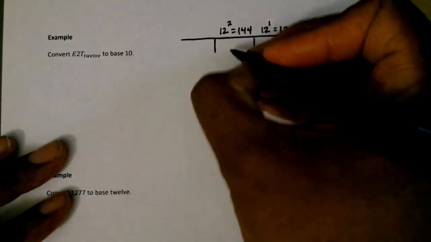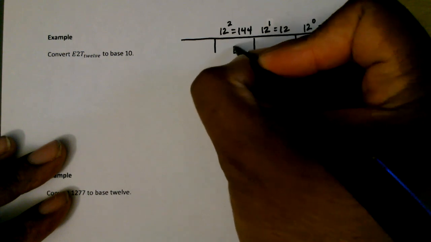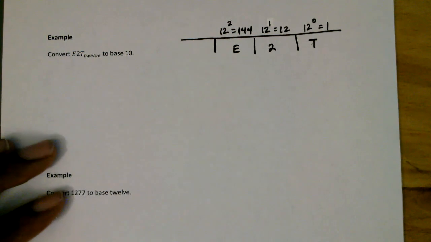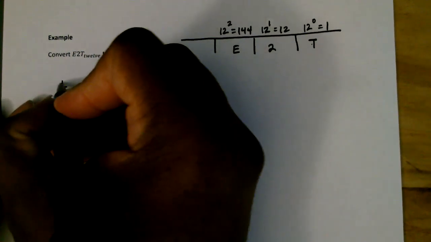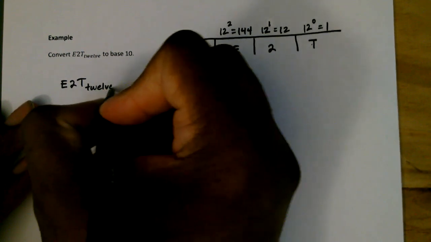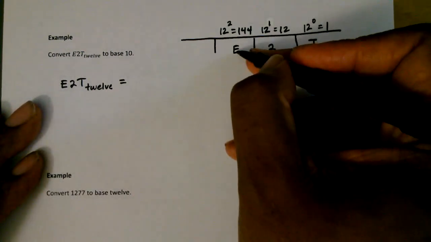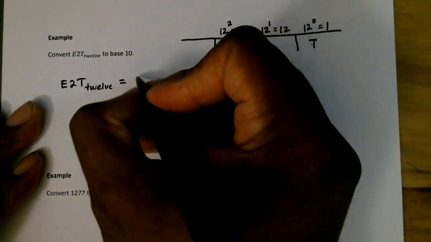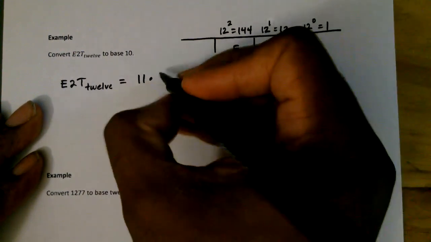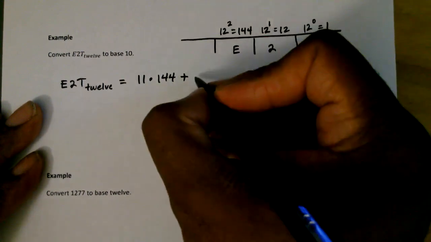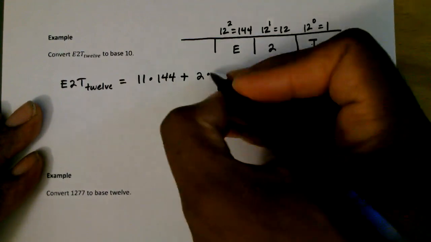And then I fill in the E, the 2, and the T. E goes here, the 2 goes here, the T has to go here. So for the E, which is actually represented by 11, because E represents the number 11, that would be multiplied by the 144. Plus 2, that's going to be multiplied by 12.